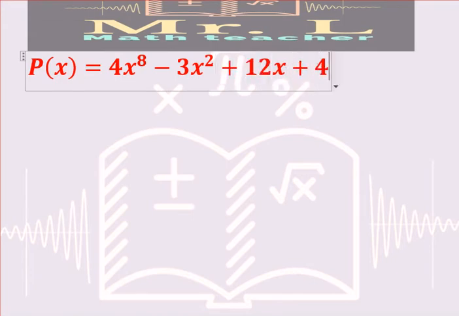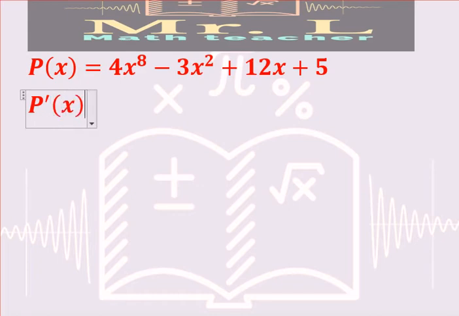Let's say you need to find p prime of x here, or the derivative. All you need to do in this case is derive each term alone. So you find the derivative of 4x power 8, then negative 3x squared, 12x, and 5.